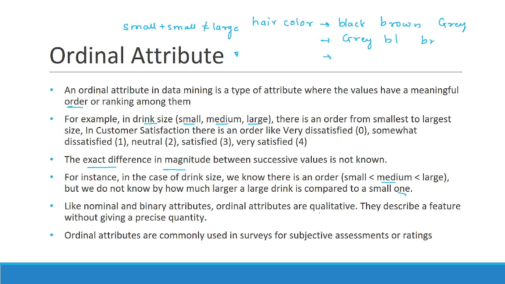One more concept is qualitative. The variables on which we cannot perform any arithmetic operations, or the attributes which do not have any numerical significance, are called qualitative values or qualitative data. So nominal and ordinal, both the attributes are qualitative attributes. Understood?